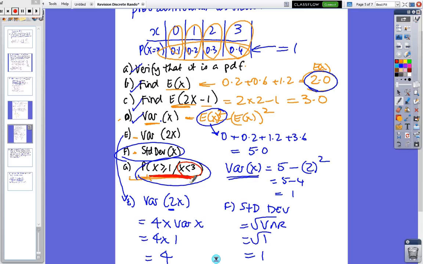So x is greater than 1 are those numbers, x is less than 3 are those numbers, so the overlap is 1, 2, 3. Just remember that where they overlap is the intersection. So this answer here is 0.9, and less than 3 is all the numbers, so the answer is just 0.9.